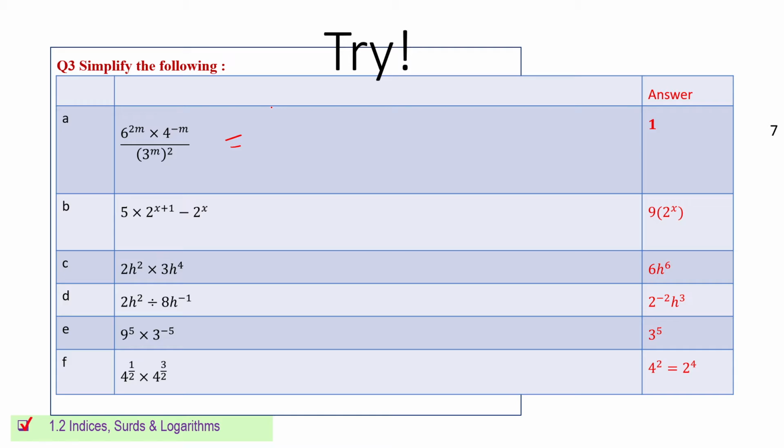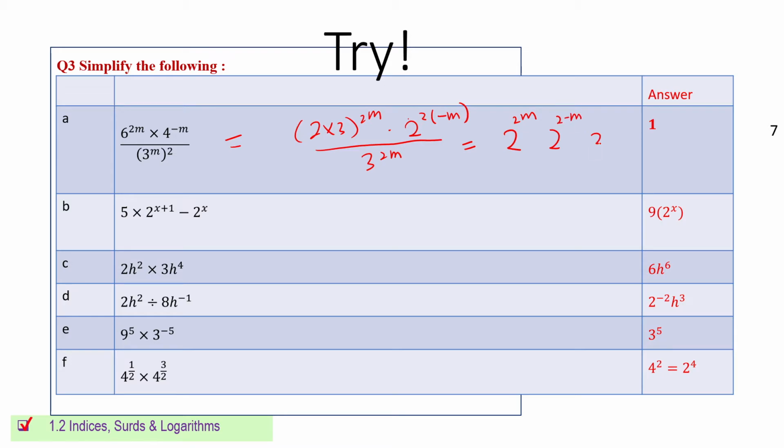So when we want to simplify, what we do is we separate them. 2 times 3 power of 2m, then I have a 2 power of 2, then minus m. Okay, 4 is 2 power of 2, divided by 3 power of 2m. And then we gather everything related to 2. The first one is 2 power of 2m, then the second one, because we know that is 2 power of 2 minus m.